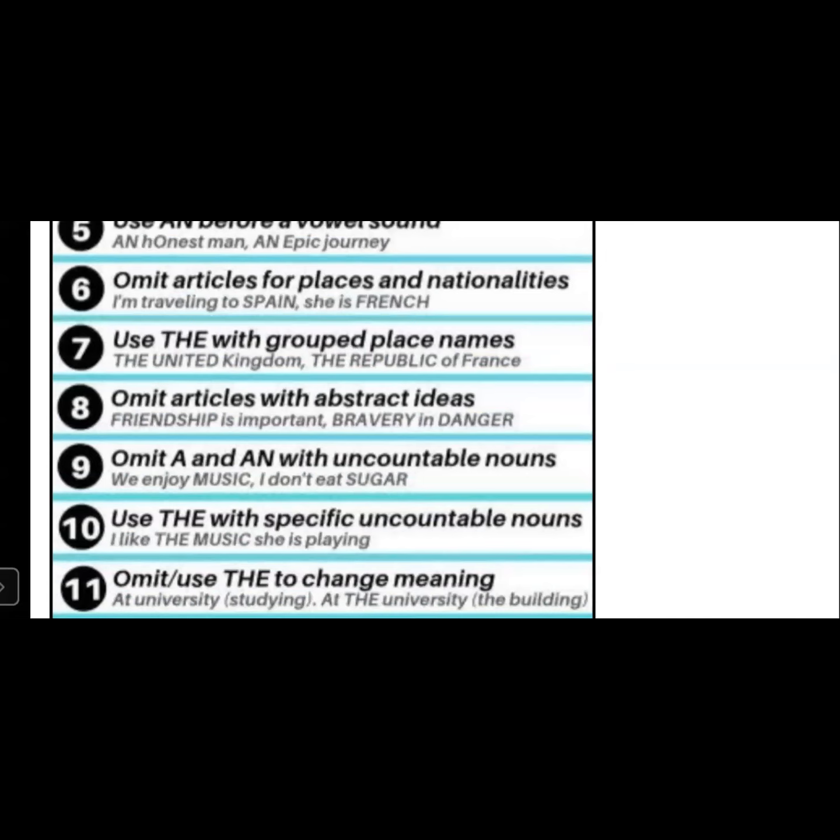Then you should not use the articles with the uncountable noun. Now, which are uncountable nouns? Which you cannot count. They are called uncountable nouns. Music, sugar, tea, coffee, then rice.